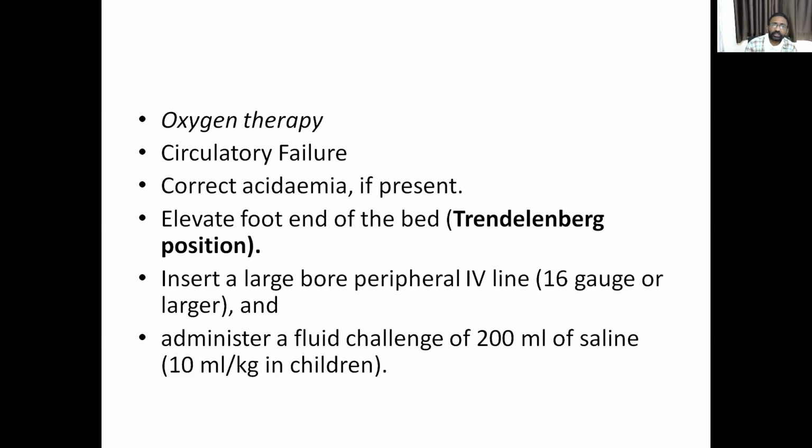If he has shortness of breath, give mask ventilation, and if the patient is in hypotension, you should raise the foot end. All these measures have to be taken. That means Trendelenburg position, insert an IV cannula, and give normal saline to restore the patient from the shock.